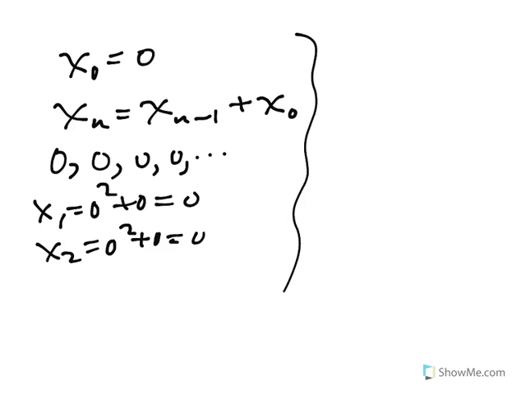If I pick some kind of decimal number as my starting value, let's say 0.5, we're going to use the same recursive part.